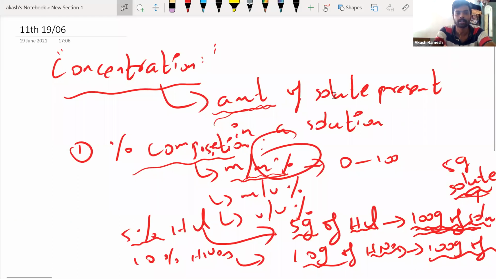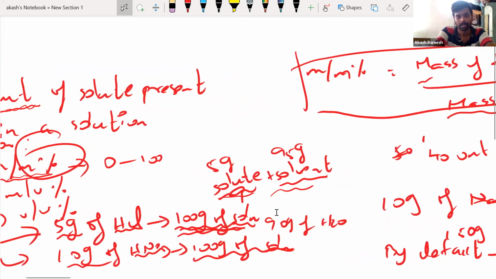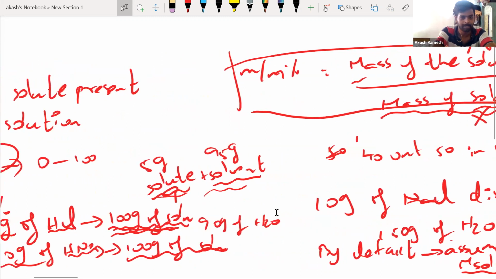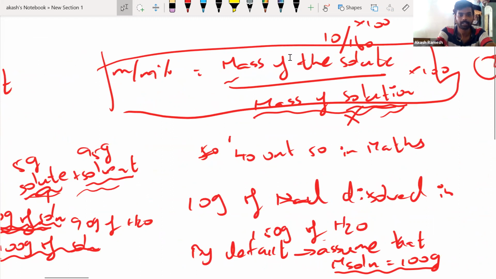I told you that concentration talks about the amount of solute present in the solution. Then we saw this amount can be anything: mass, moles, and so many other things. The first among them is percentage composition: M by M, M by V, and V by V. We spoke about the definitions of all of them, and also the formula: mass of solute divided by mass of solution into 100.